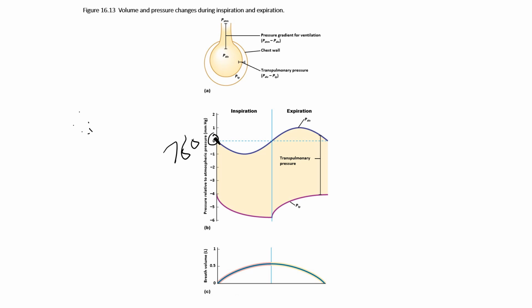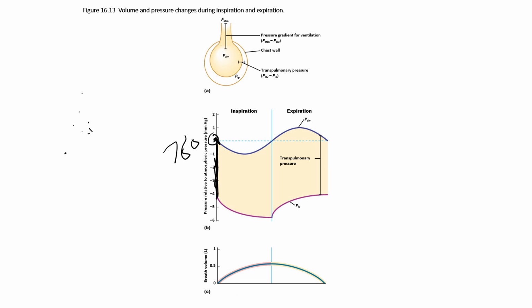Now, what do we know about intrapleural pressure? It's about 4 millimeters of mercury less to start off with than atmospheric pressure or intra-alveolar pressure. Point being, intrapleural pressure is about 756, 4 millimeters of mercury less than atmospheric pressure and less than intra-alveolar pressure to start off with, right?